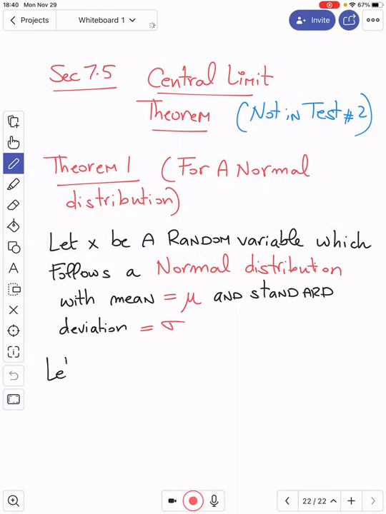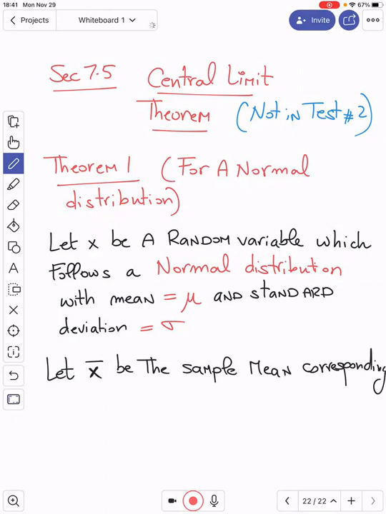So let x bar be the sample mean corresponding to random samples of size n.